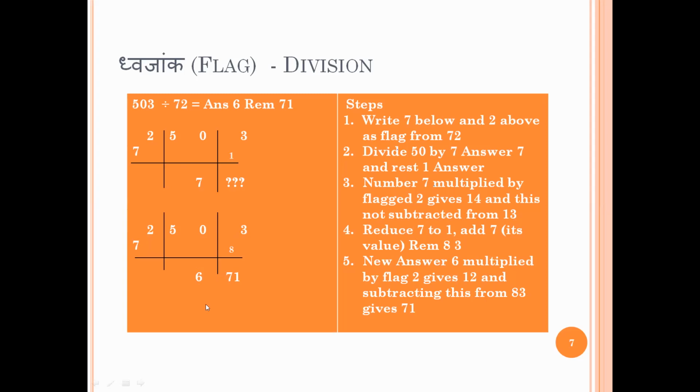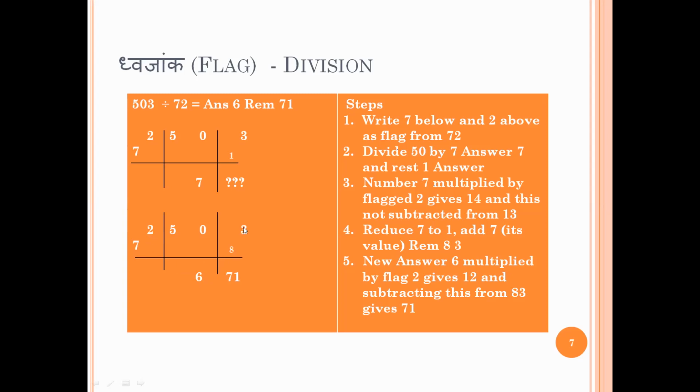Or another way of thinking is that 50 divided by 7 to get the answer 6: if I get the answer 6, what is the remainder? 8. So I write 8 here. Then from 83, I subtract answer times flag. 6 times 2 is 12.